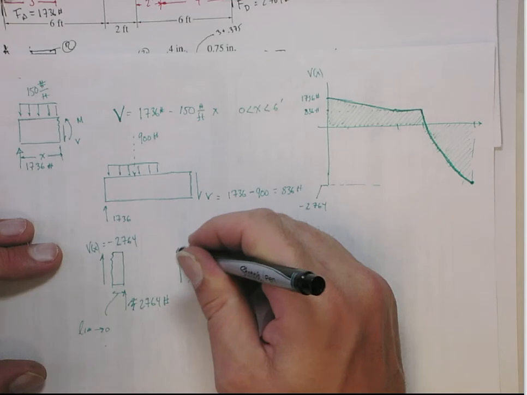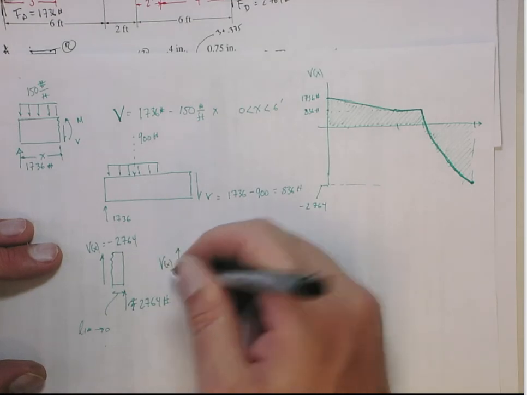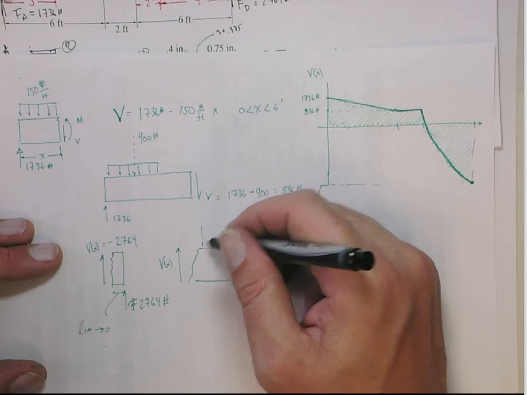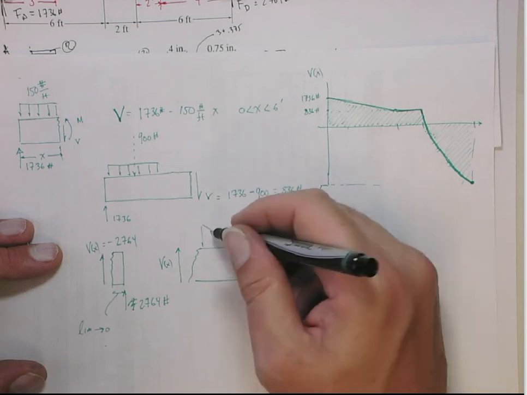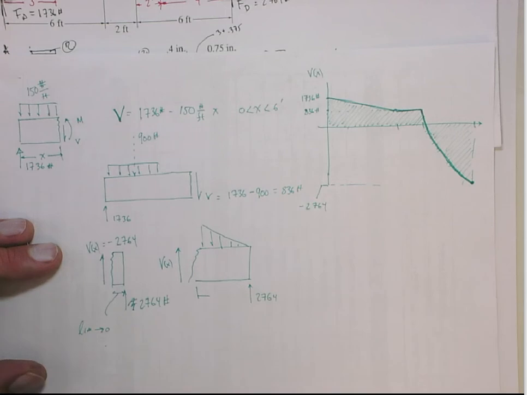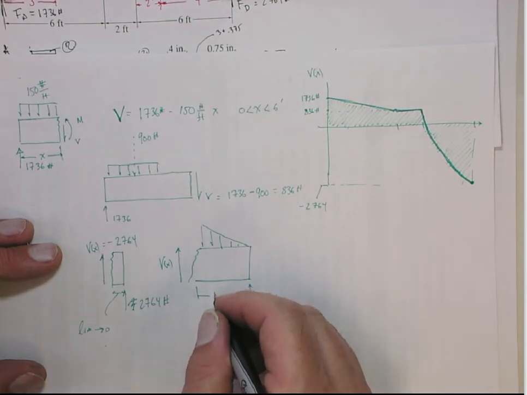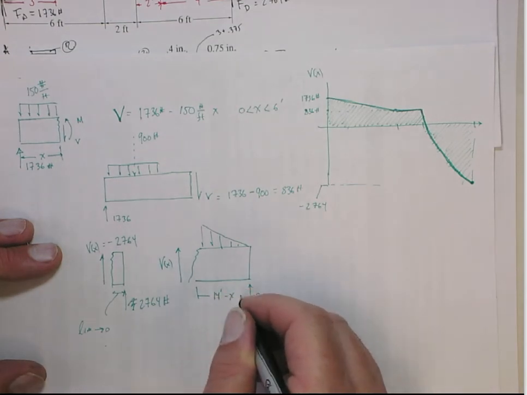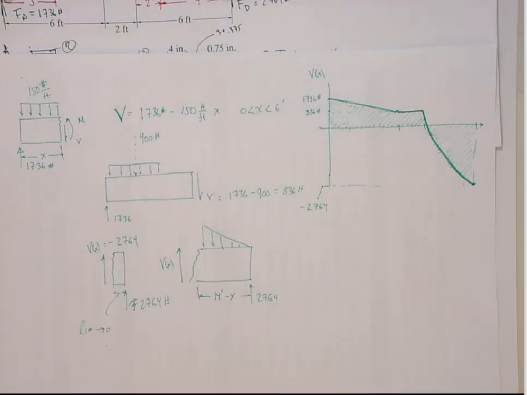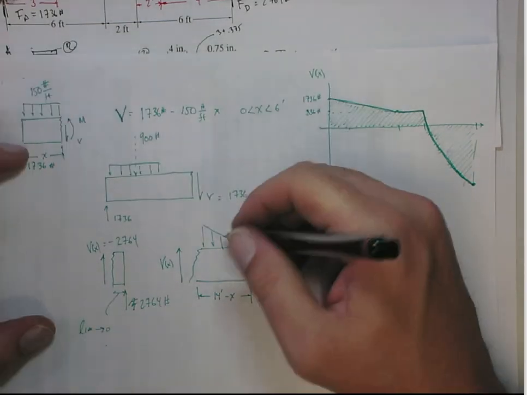Again, the positive shear is acting upwards, and I now have this distributed load. This distance here is going to be the total length, which is 14 feet minus x.